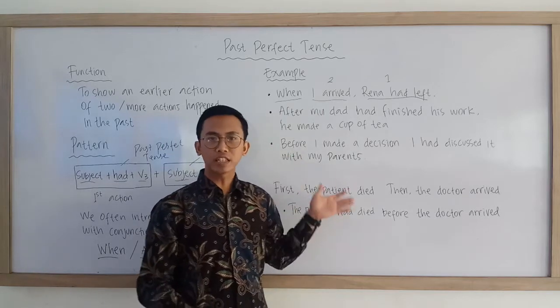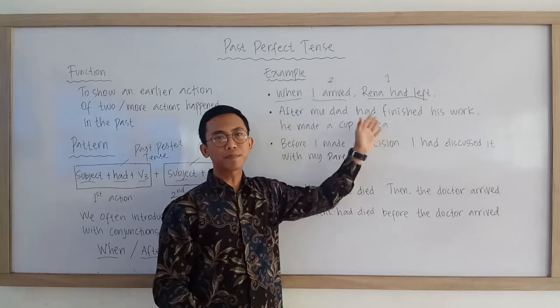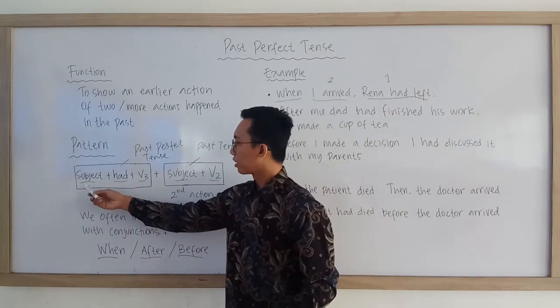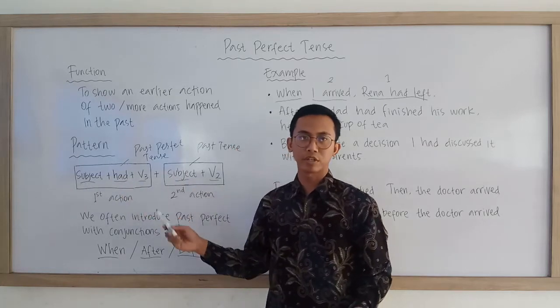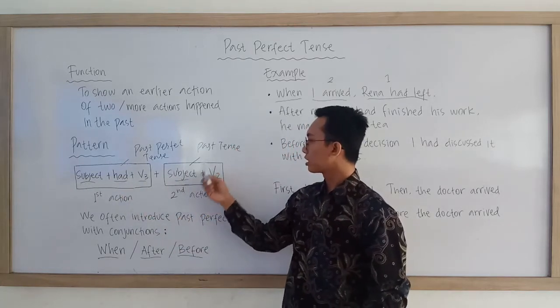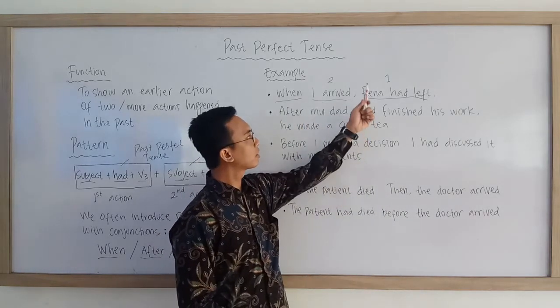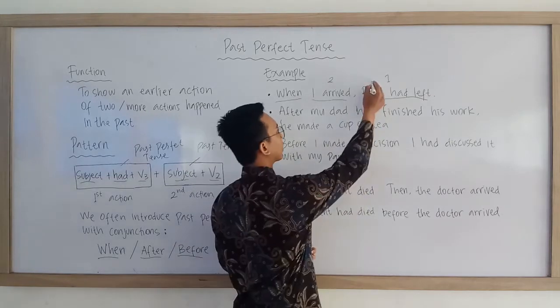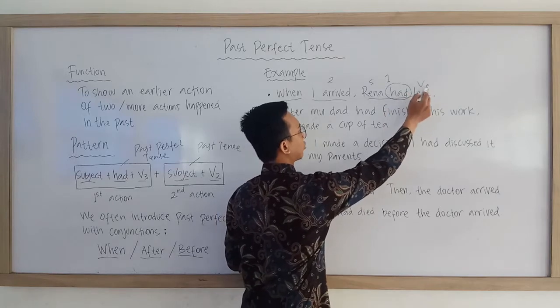Okay, so let's analyze. The first action must be past perfect, and past perfect must have subject, had, and verb 3. In the second action, subject and verb 2. Let's see. The first action, past perfect tense: this is the subject, we have had and verb 3.